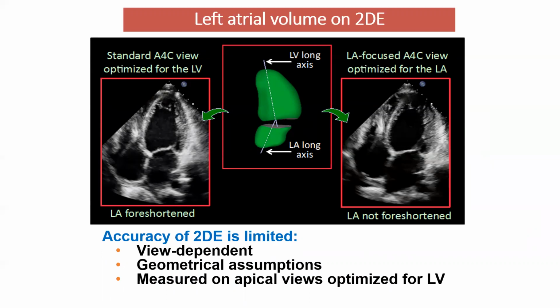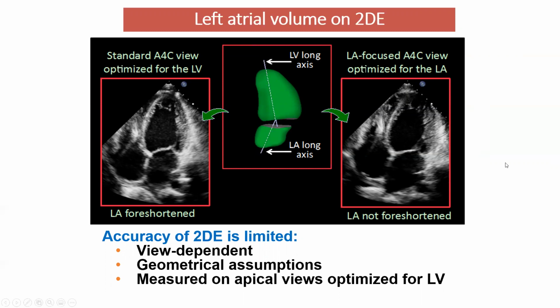But what we are learning is that in many patients, the maximum long axis dimension of the left ventricle and the maximum long axis dimension of the left atrium may not be in the same plane. So in a view that is optimized to measure the left ventricular four-chamber dimension, you may be foreshortening the left atrium and vice versa.